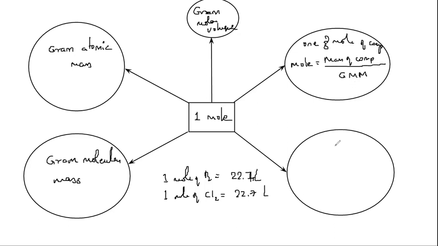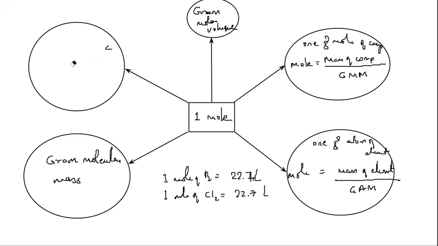Then if you have an atom, 1 mole is nothing but 1 gram atom of an element. That is, mole is equal to mass of element divided by gram atomic mass. So many things can be understood here.